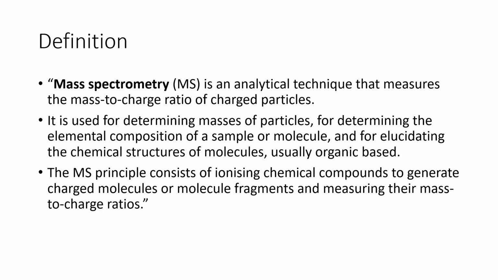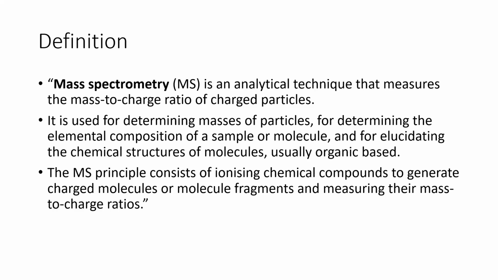A molecule of nitrogen is 28, or it's an atom of carbon and oxygen in carbon monoxide that gives rise to this 28. So it gives us not just the mass, it gives us the elemental composition of the molecule. And when we know the elemental composition and we know the mass, we'll be able to know the chemical structure of the molecule.